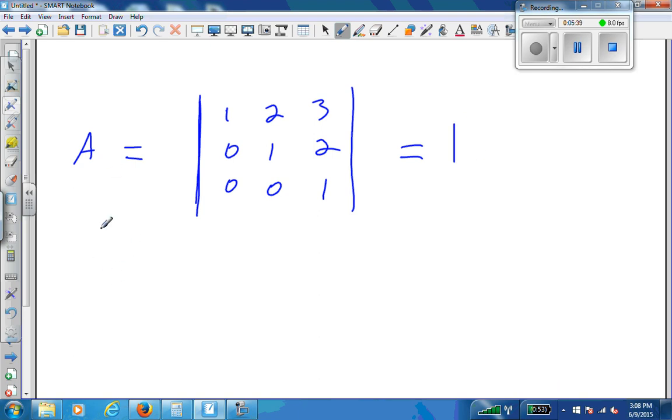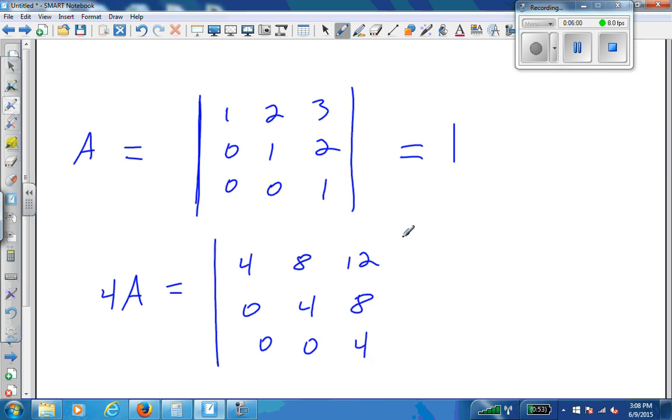But if we take A and multiply times 4, then every entry gets multiplied by 4: 4 times 1, 4 times 2, 4 times 3. And that gives us this determinant.